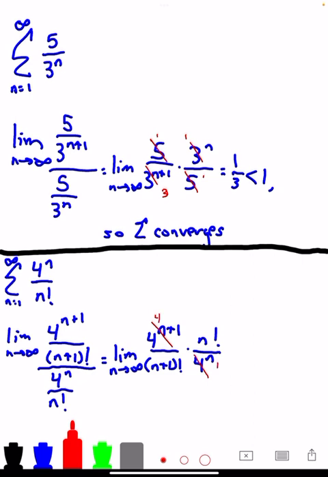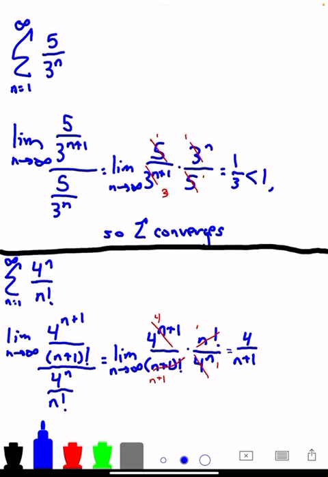We remember the rules. Now, something a little bit different. N factorial divided by n plus 1 factorial, that's 1 over n plus 1. So now what we have for our answer is the limit, as we're going towards infinity, 4 over n plus 1.